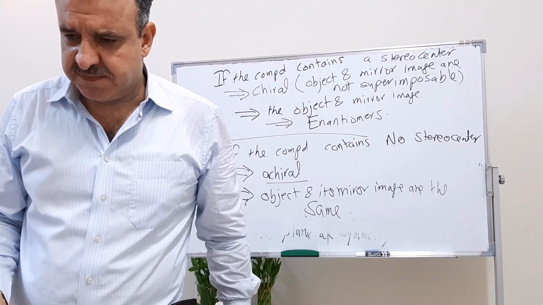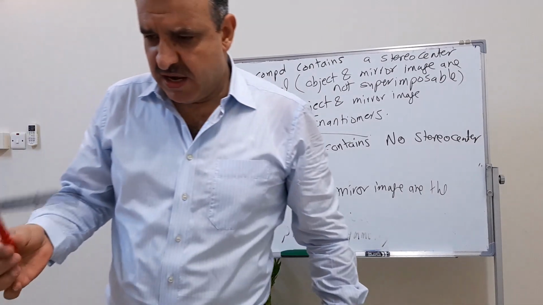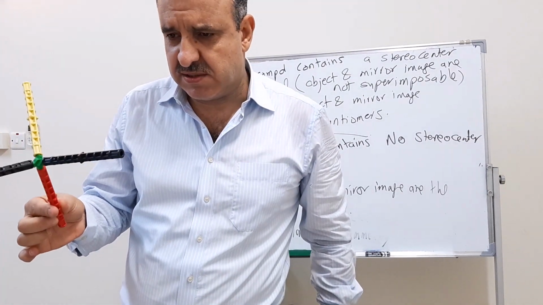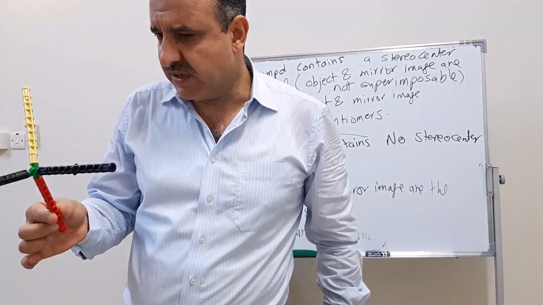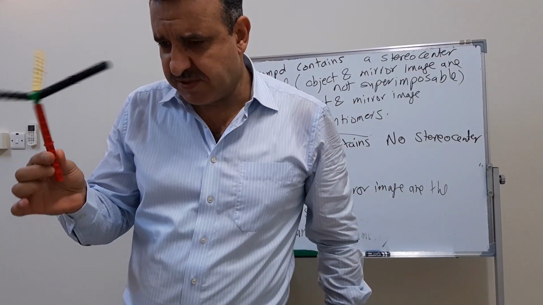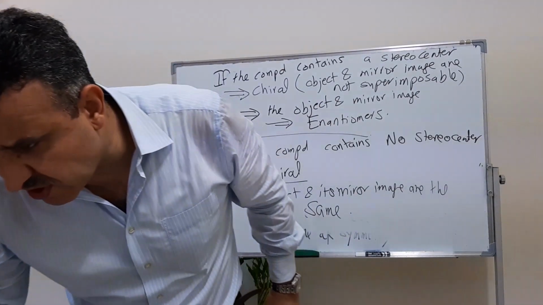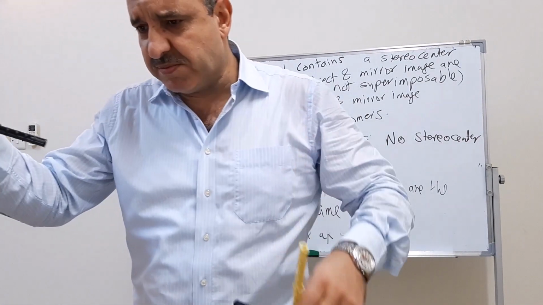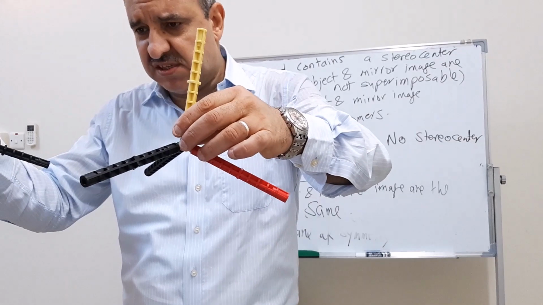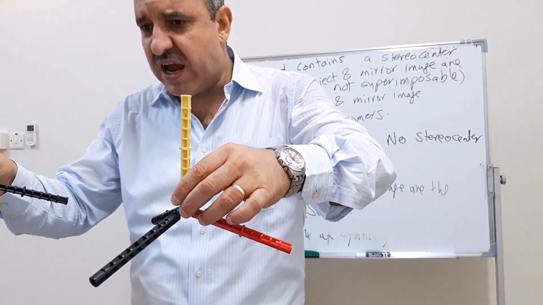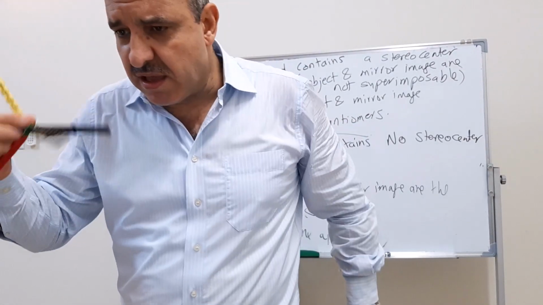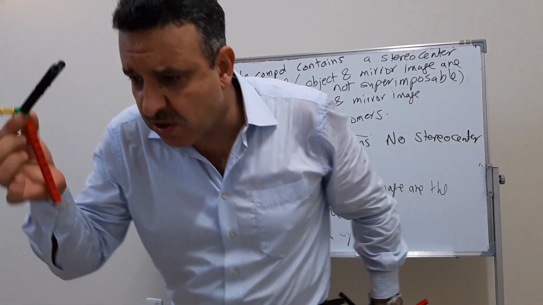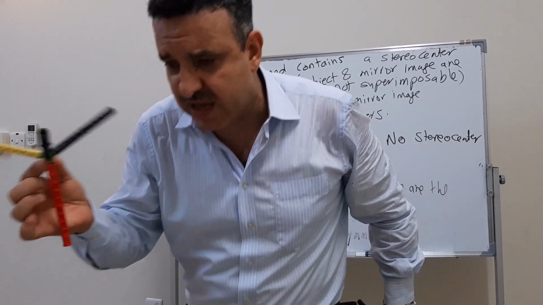Now let us see. Now this object, again, does this object contain a stereocenter? Very quickly, please. Now if you place this object in front of a mirror, you will see its mirror image, right? If you try to superimpose, since this object does not contain a stereocenter, we call this achiral.